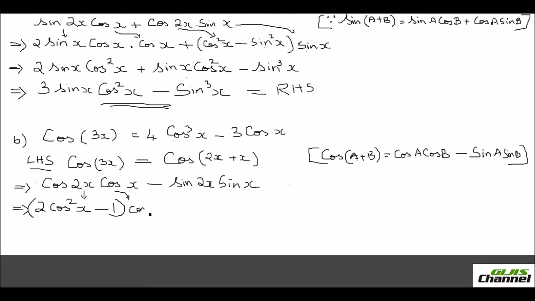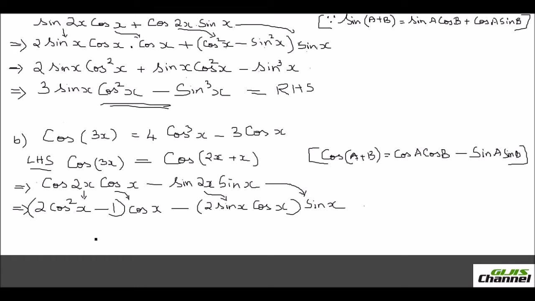So this is cos x times cos x minus, again you have sine 2x. You have only one formula for sine 2x, so let me apply that. So that's 2 sine x cos x, right? Cos x times, this is for sine 2x, okay? And then you have this sine x outside, so I write that also here. So that is going to be sine x.